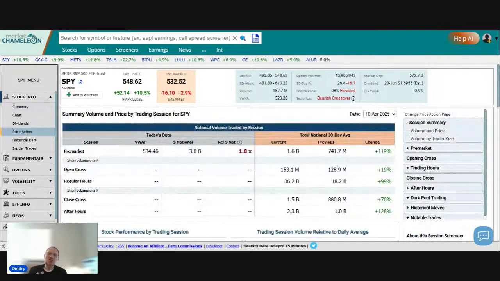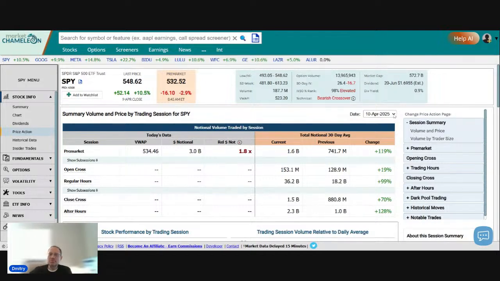And on this price action, we get this table that breaks down the trading volume and VWAP prices based on the different trading sessions. I'm going to go to yesterday's action because today we're in a pre-market, but we're looking at the closing price, closing cross. So we could only look at yesterday's.